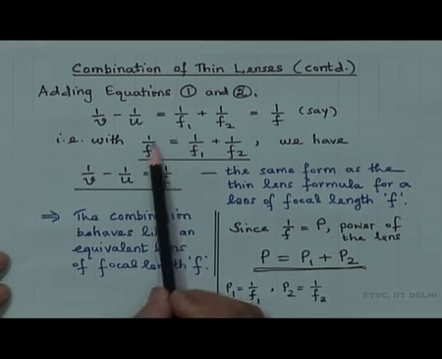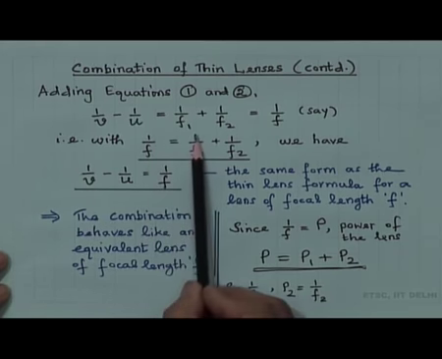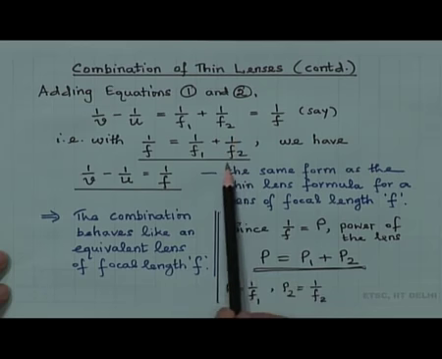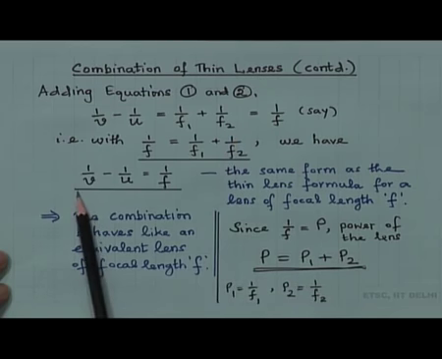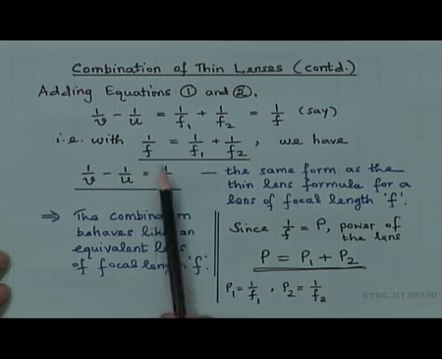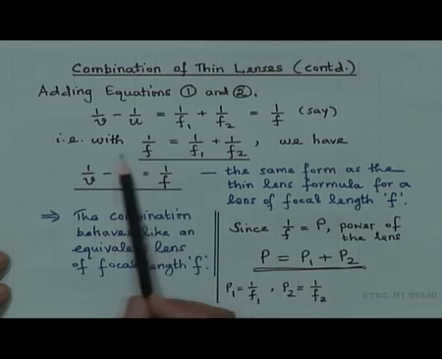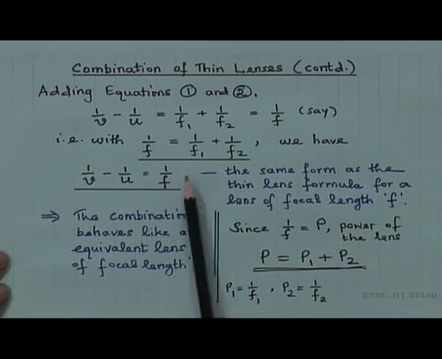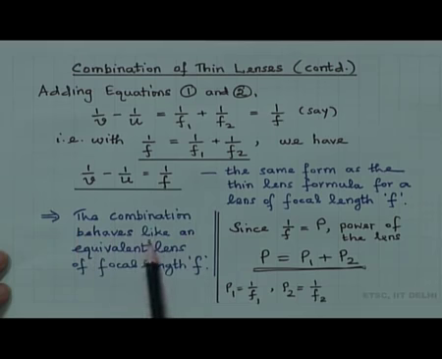That is, with 1 by f equal to 1 by f1 plus 1 by f2, we can write 1 by V minus 1 by u equal to 1 by f. This is of the same form as the thin lens formula for a lens of focal length f. This implies the combination behaves like an equivalent lens of focal length f.